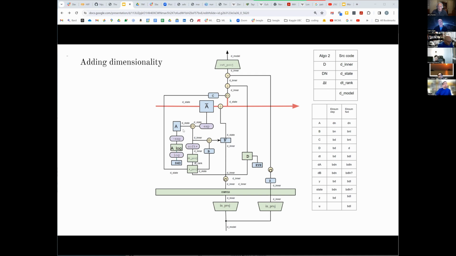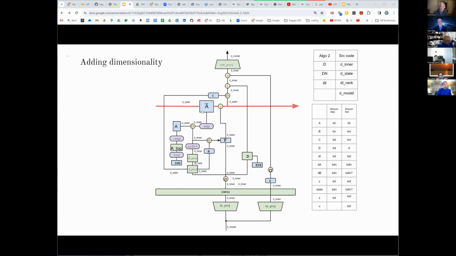1/16, okay. The A matrix, of course, has to be D state wide because it's a diagonal matrix the size of the state. And the expansion, I'm not sure. I think the default expansion was 2, but it doesn't matter. It's a parameter.